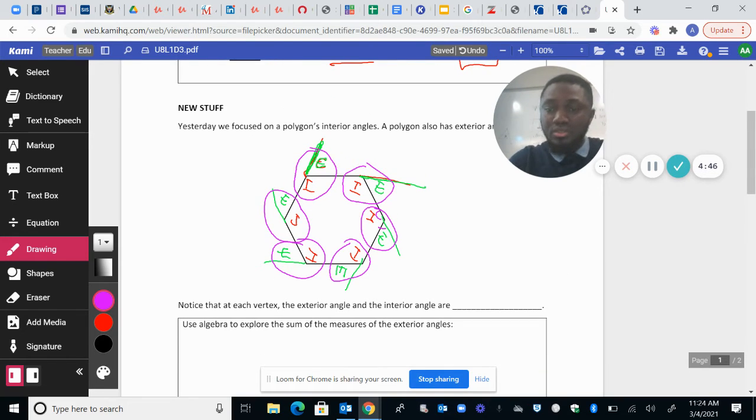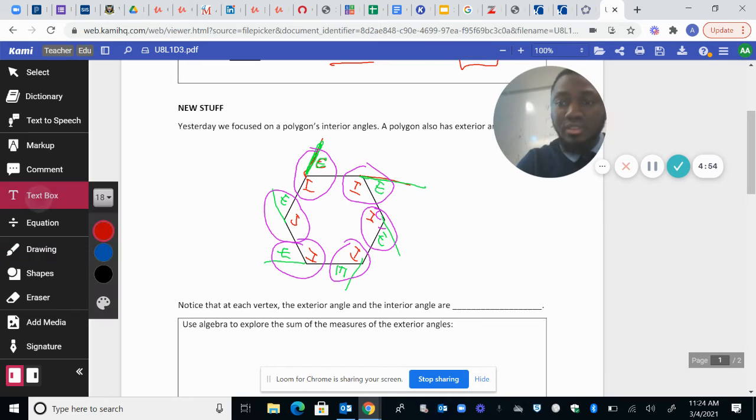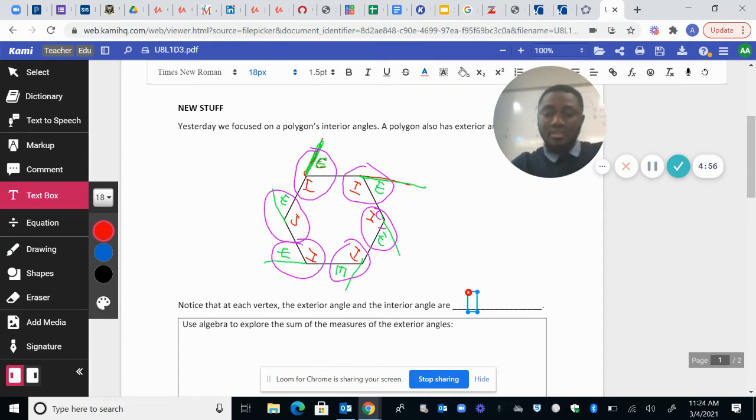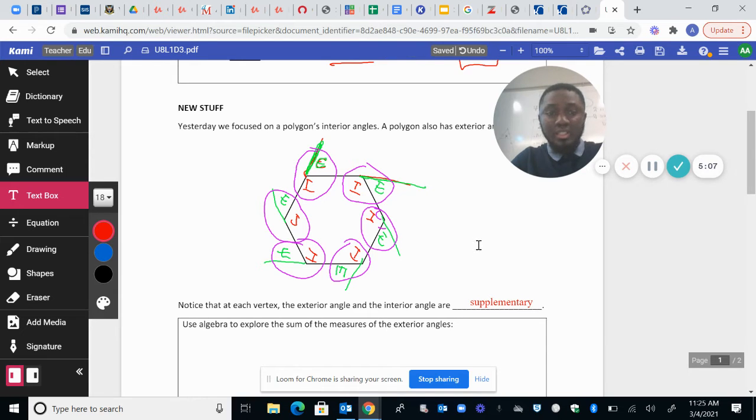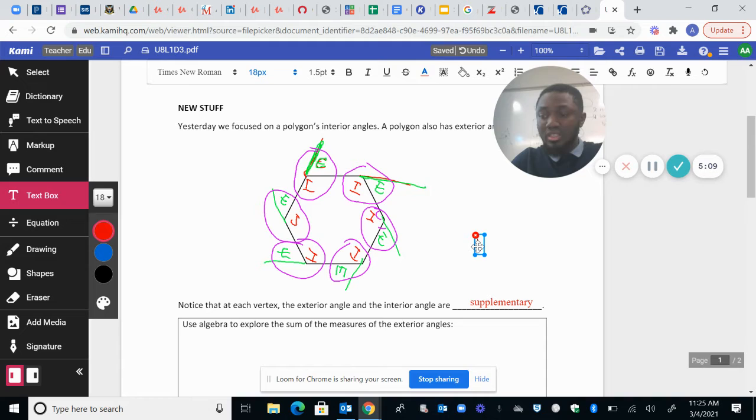So notice that at each vertex the exterior angle and the interior angle are supplementary. You know the definition of supplementary? Supplementary is when angles add up to 180. Complementary is 90, but supplementary is 180.